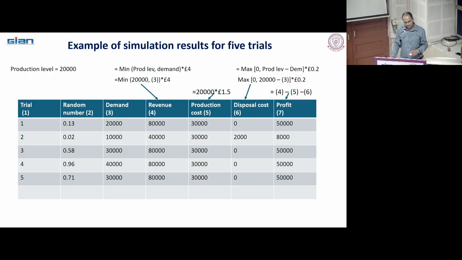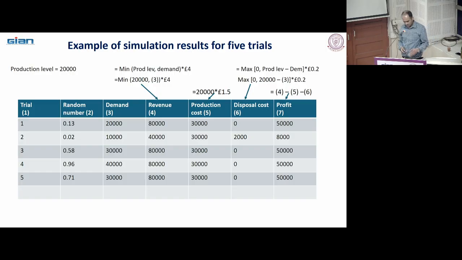Revenue is calculated as the minimum of demand and production. Production cost is fixed, production level 20,000 multiplied by 1.5, plus disposal cost for whatever cards are left. When you do the calculation, what do you find? 50,000. So 20,000 is good compared to making 30,000 or 40,000.